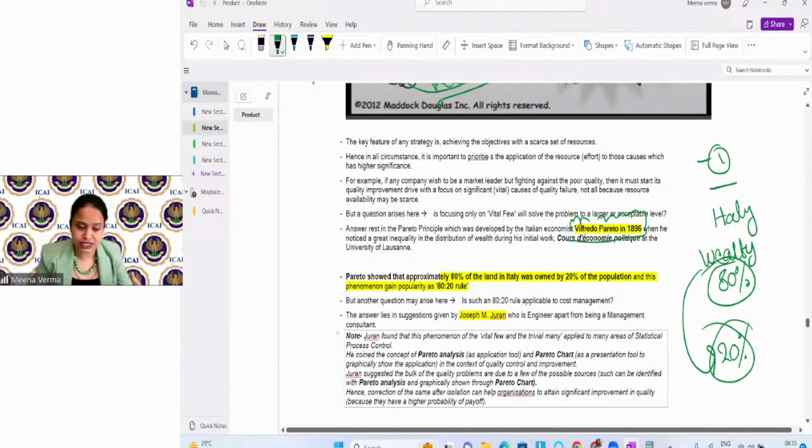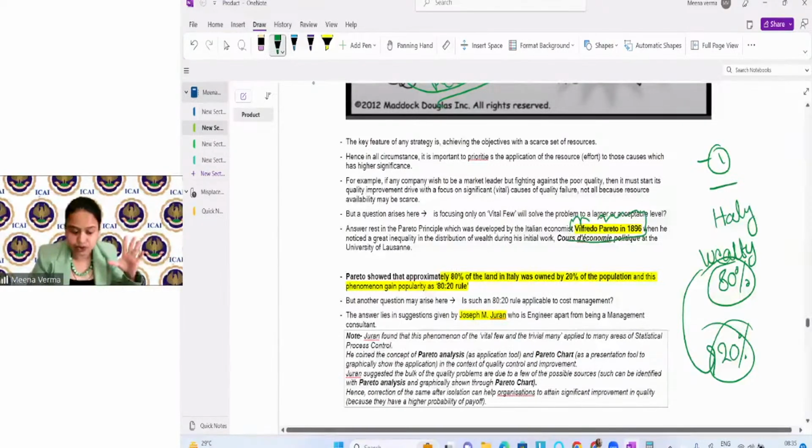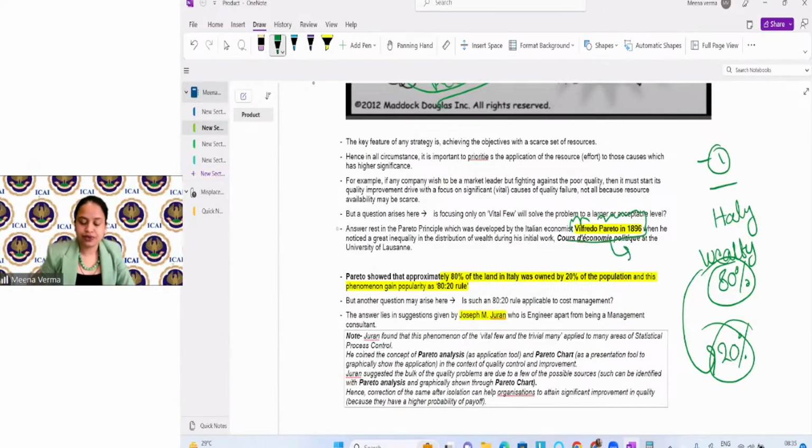This is something he observed, that most of the wealth was owned by few people. And then he gave the 80-20 rule, Pareto analysis.